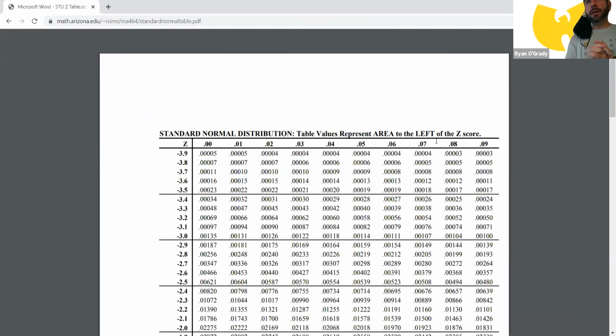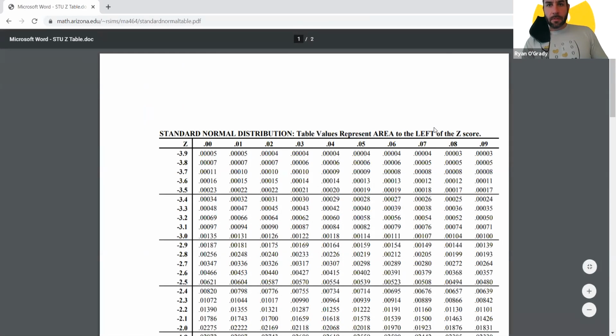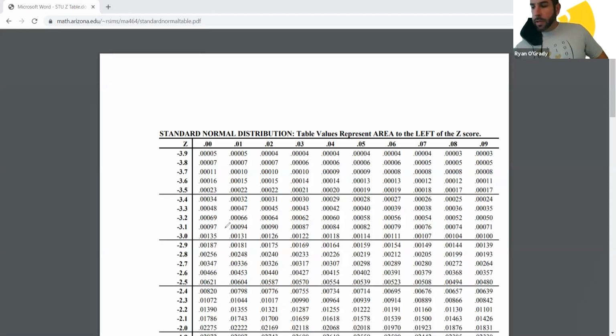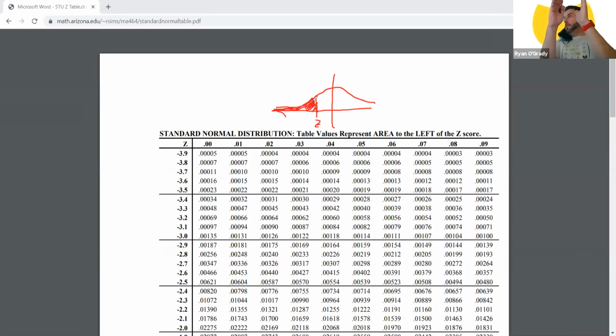This particular table takes the standard normal curve, and wherever your z is, it takes the area all the way to the left, everything. But we don't want that. We want it between two z values. So we need to reason how we are going to handle this.